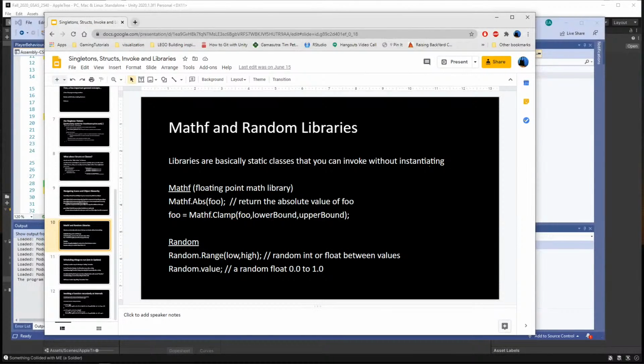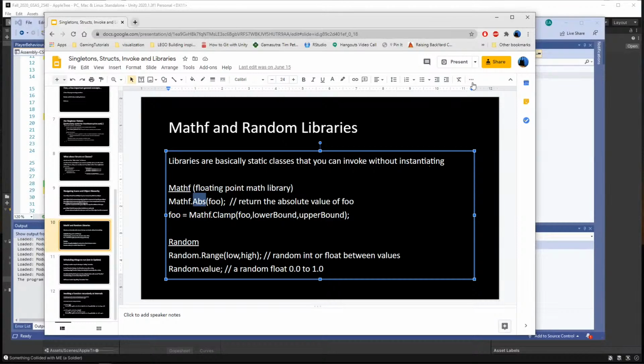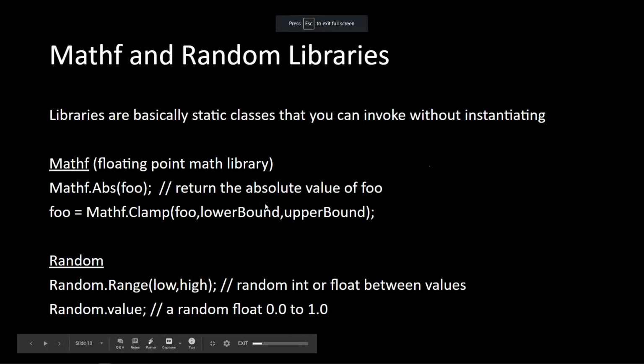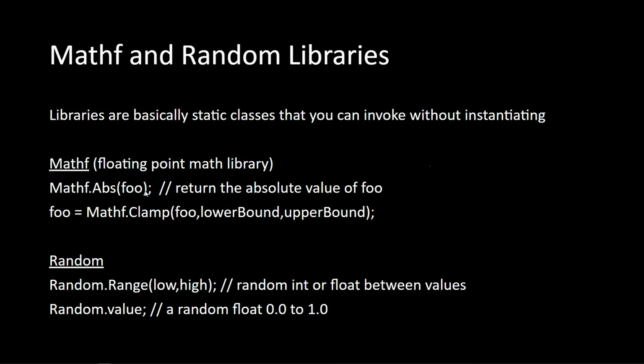Maybe you've used Mathf, the floating point library. If we wanted to call an absolute value of a floating point number, we would use the math library. We'd say Mathf.Abs(foo), and that would give us the absolute value of this floating point number, foo.